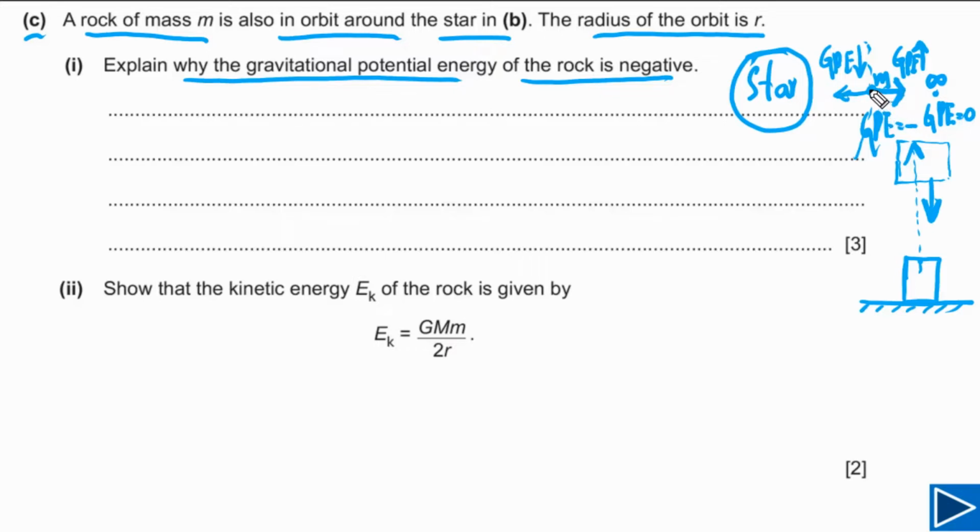But if we move this way, work is done by gravity, so it means energy got out of the system, so the GPE of this rock will decrease, and that will be more and more negative.